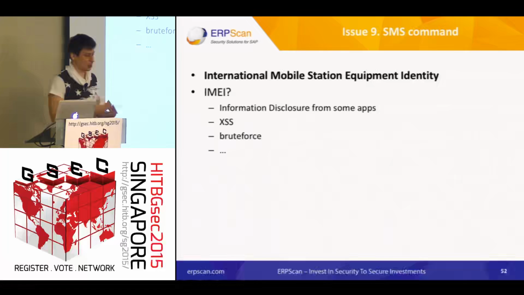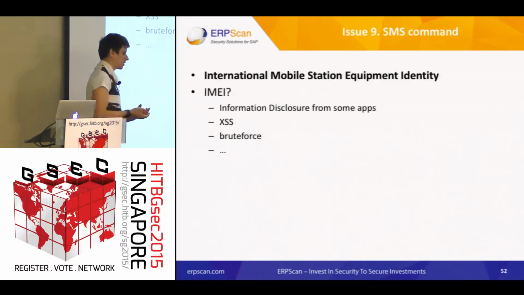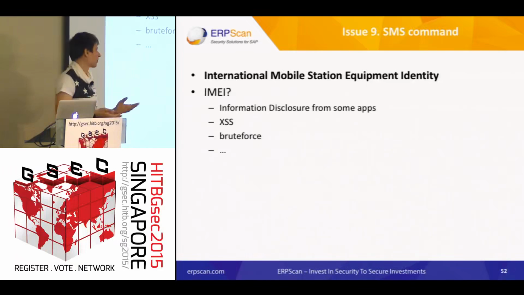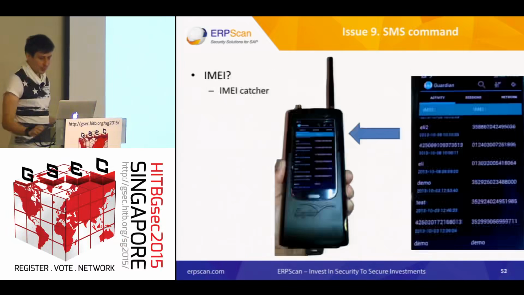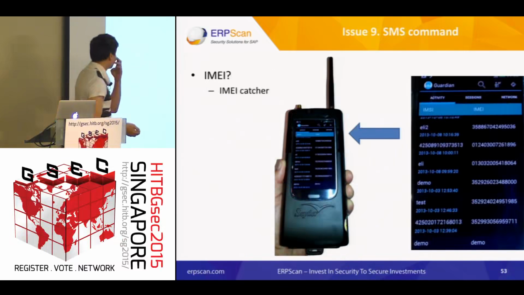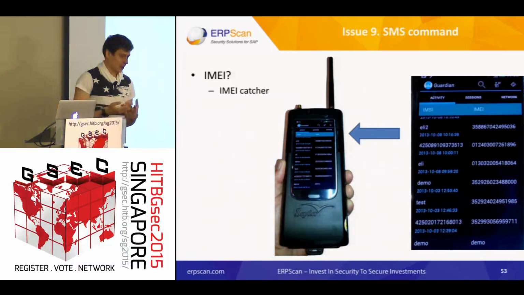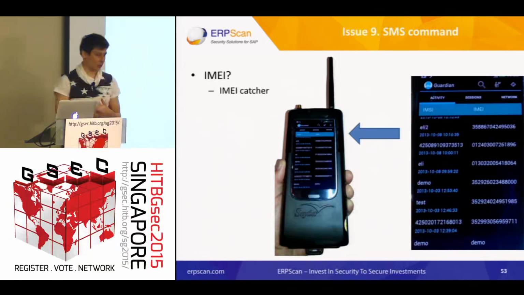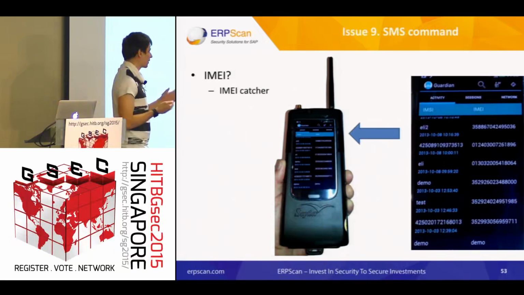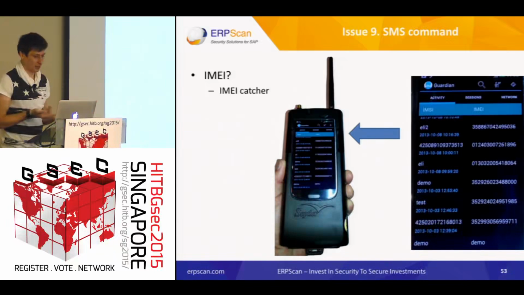And as we know, SMS messages are not shown to the user, so this can be invisible to users. And finally, there are special devices, different IMEI catchers, which can provide the IMEI of phones connected to the base station. So that means the IMEI is not a problem.